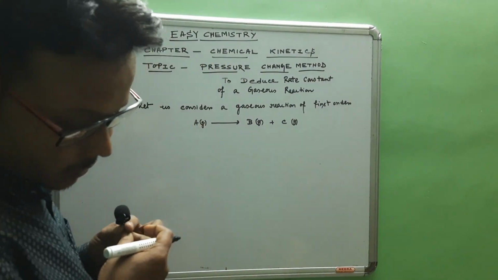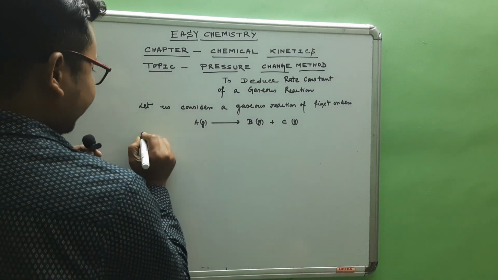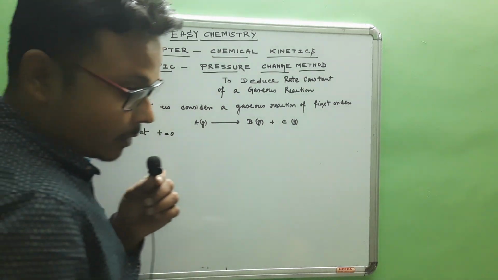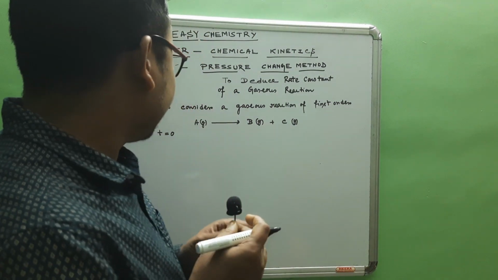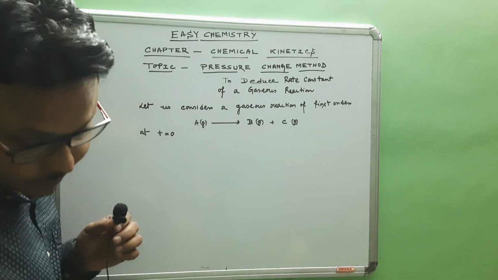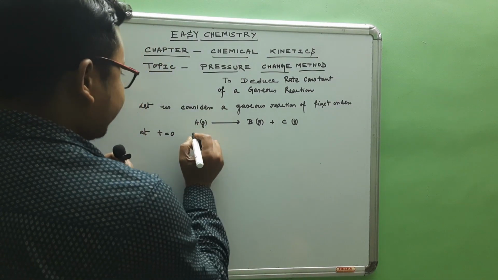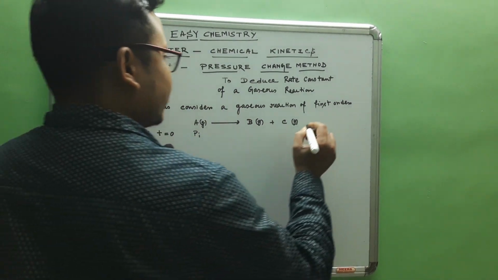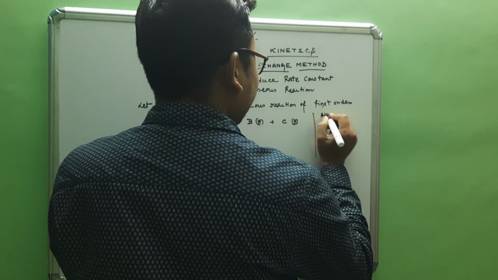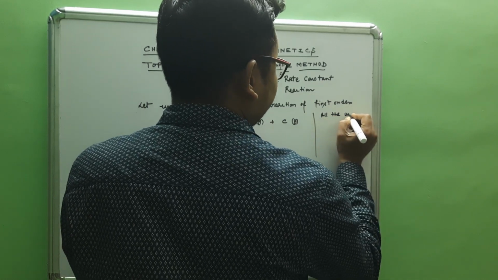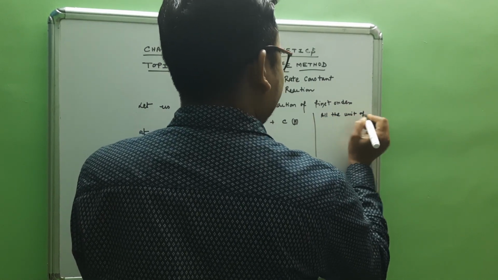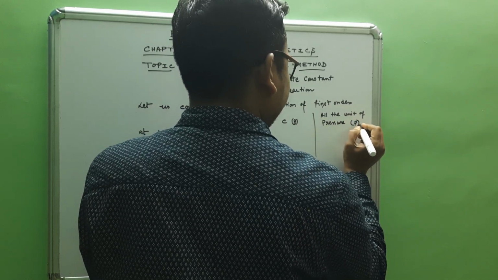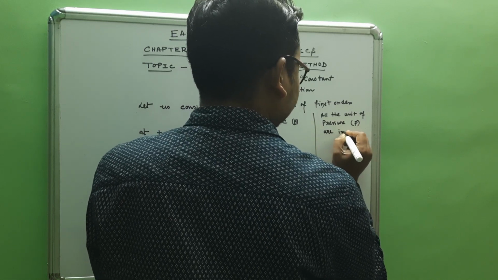So let at time t equal to 0, that is at the initial time when no products is being formed, the pressure of A is Pi, that is initial pressure of A is Pi atmosphere. So here all the unit of pressure, that is P's, are in atmosphere.